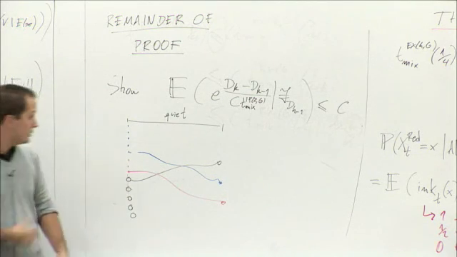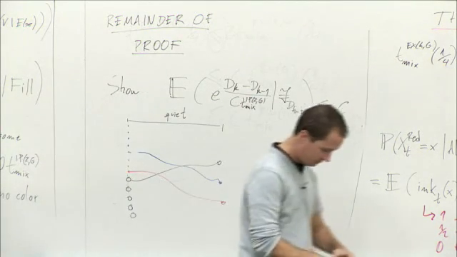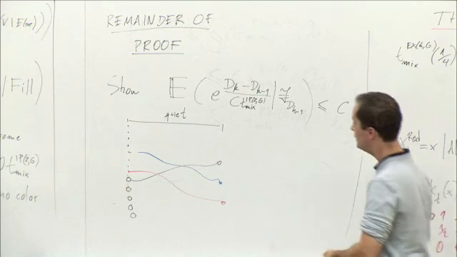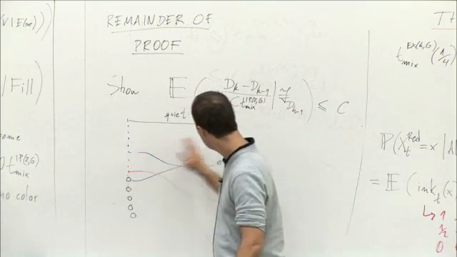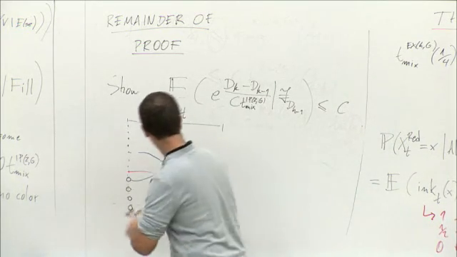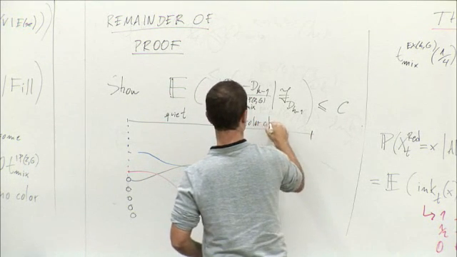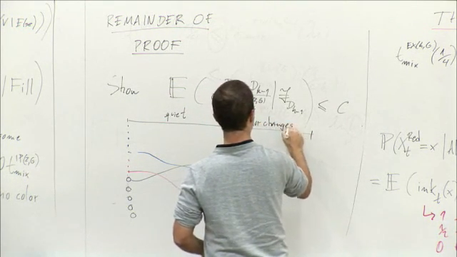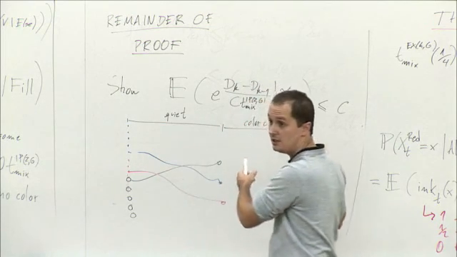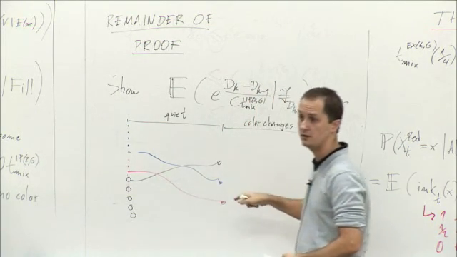Essentially, as you can check for yourself, you need to bound the amount of time you have to wait. So this is quiet, this is color changing. You need to know how many of these windows you need to see until you see many color changes.